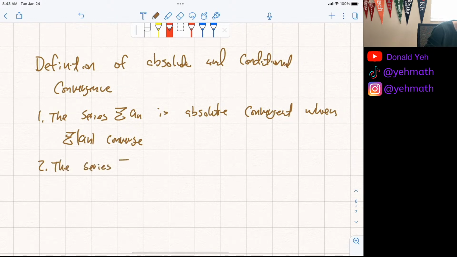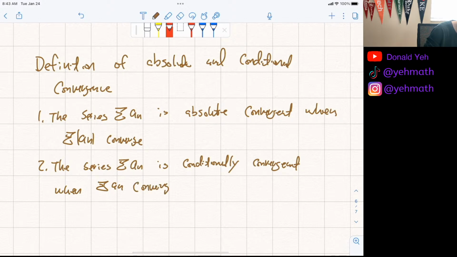The series summation of a_n is conditionally convergent when the summation of a_n converges, but the summation of the absolute value of a_n diverges. Does everybody understand that?